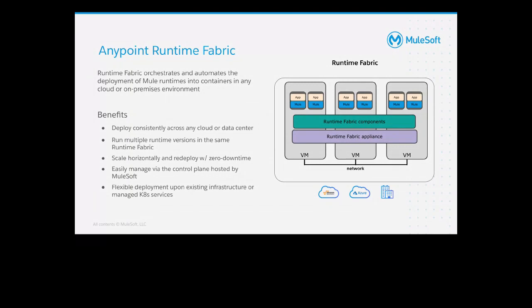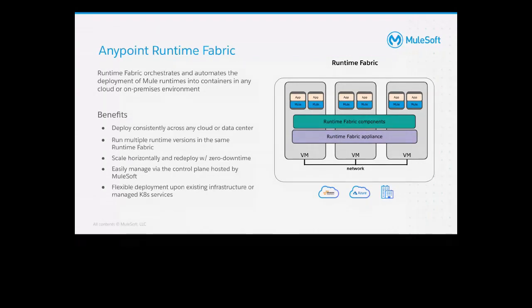So the advantage is also that Runtime Fabric is connected to the Runtime Manager. And that means that you get all the features and functions of the management plane for all your runtimes that are running in Runtime Fabric on-premise. And finally, flexible deployment on existing infrastructure or managed Kubernetes services.